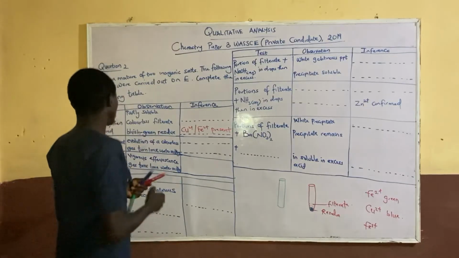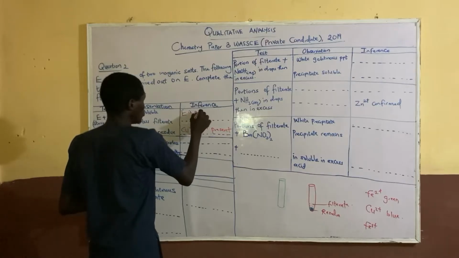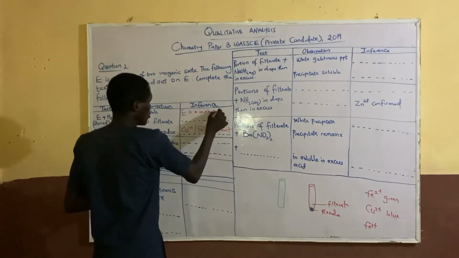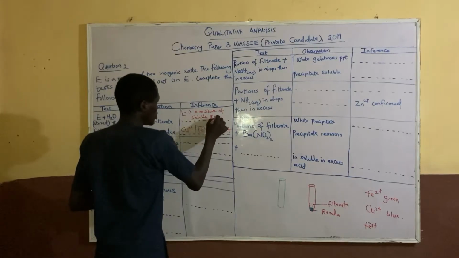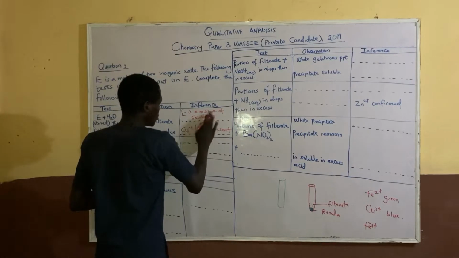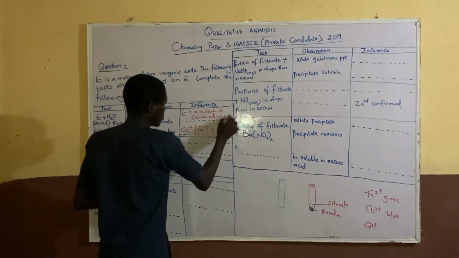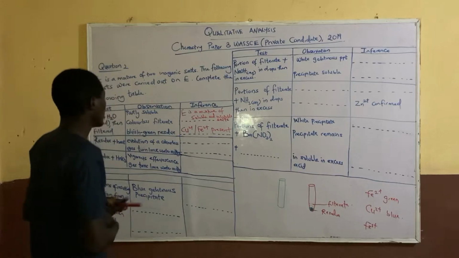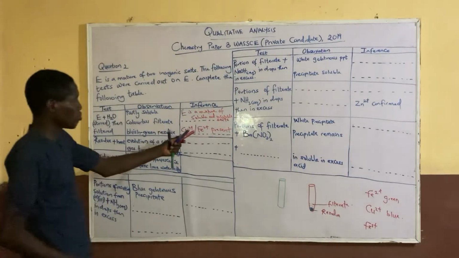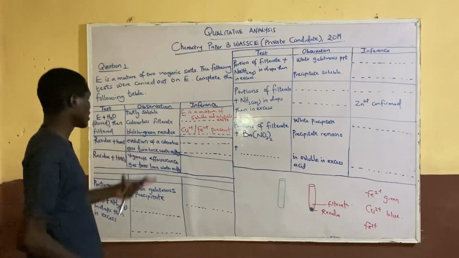So you can say E is a mixture of soluble and insoluble salts. Now that is that. So Cu2+ or Fe2+ is present because of the blue and green residue that we obtain.